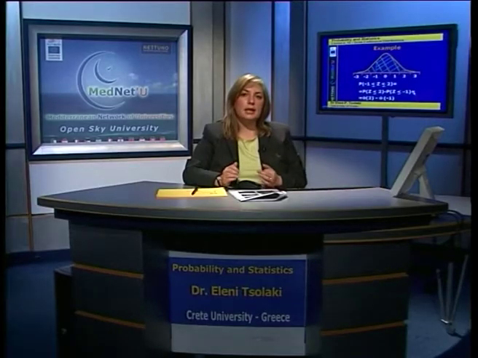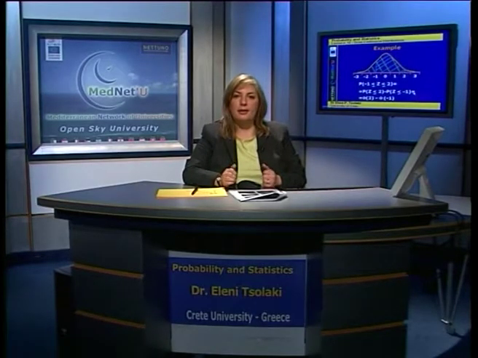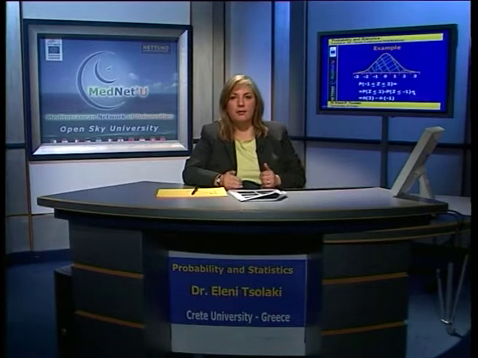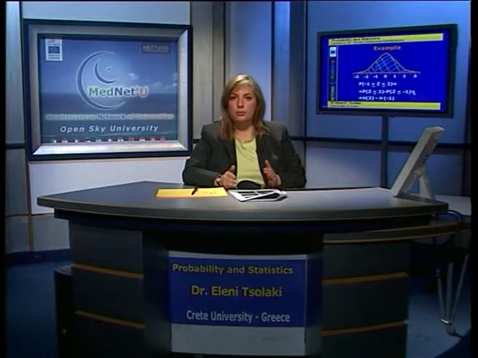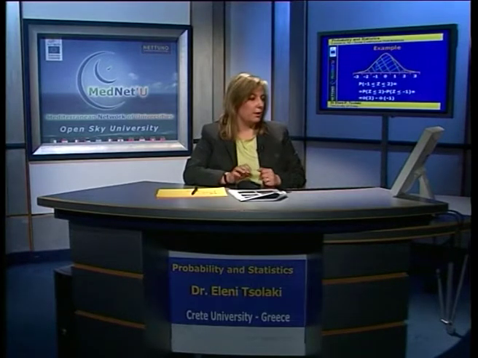So we see how important it is that we have a graph in front of us when we calculate probabilities. Otherwise, it's very difficult to understand how we can make our problem simpler.